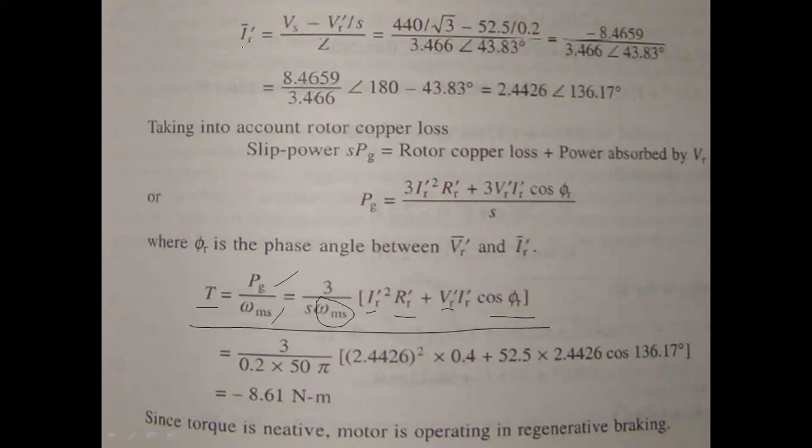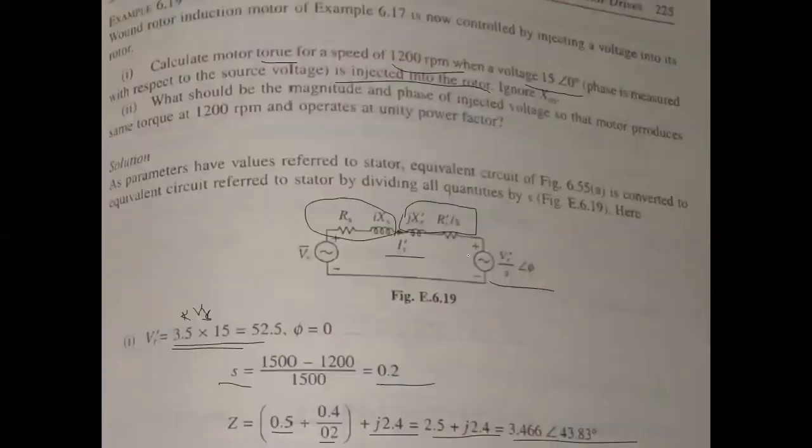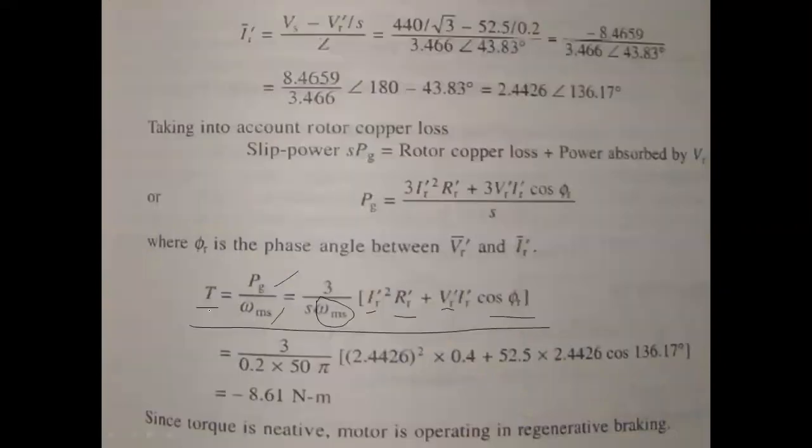Okay, what is the formula of IR dash? Vs minus VR dash by Z. From the circuit here, IR dash is equal to, what is that? Z is equal to V by I, right? So from that, I is equal to V by Z. Here we are having two types of voltages.